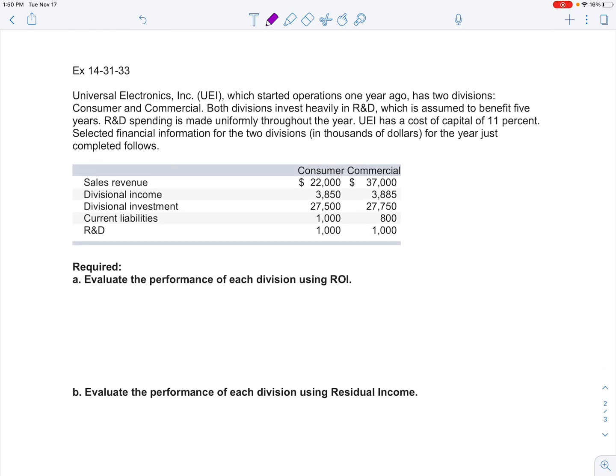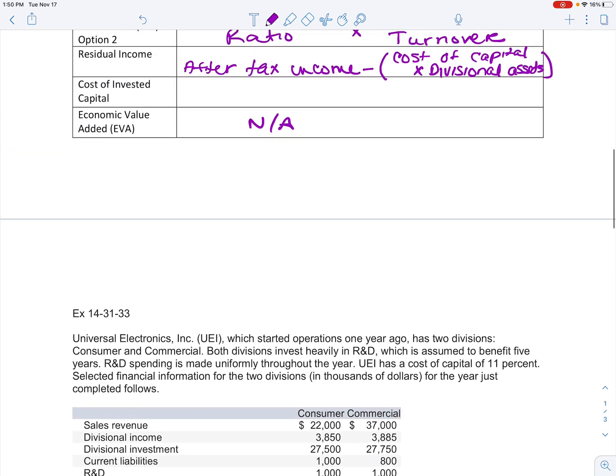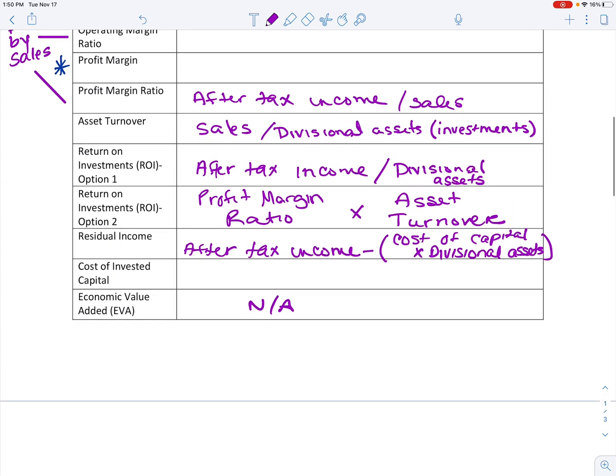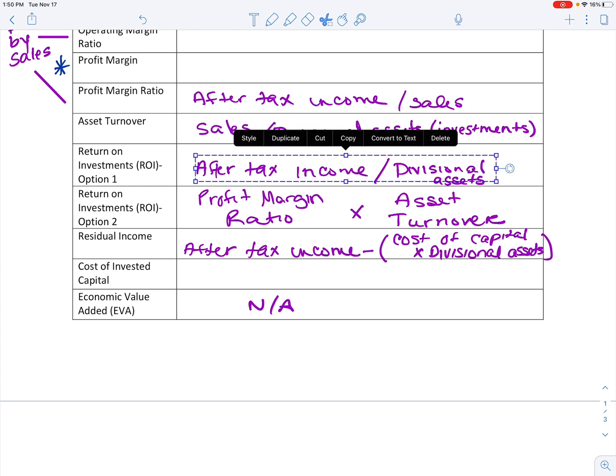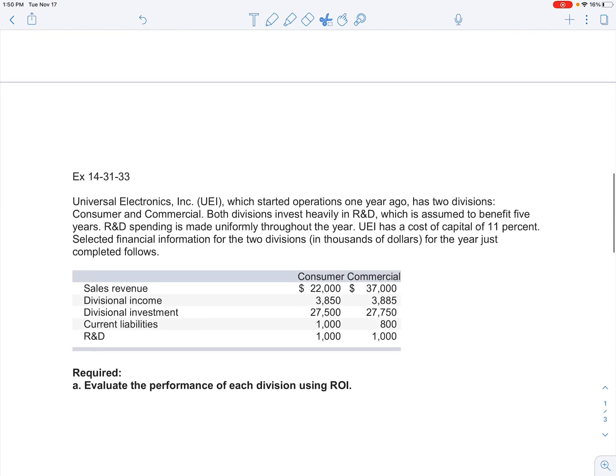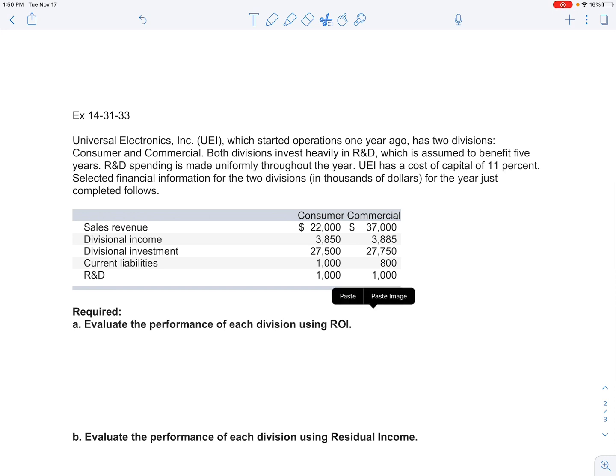In our first example, we're going to evaluate return on investment and residual income. So we have to remember what those calculations are, and we'll pull those down here. For return on investment, I'm going to use this one here so I don't have to keep scrolling back and forth.